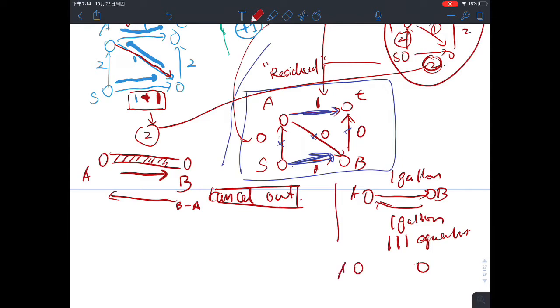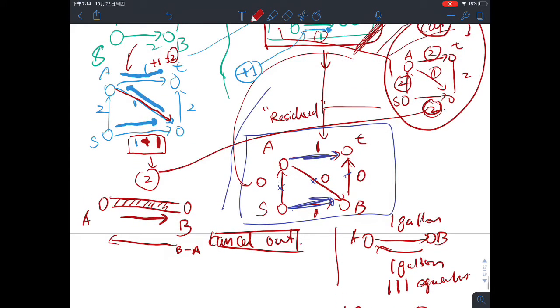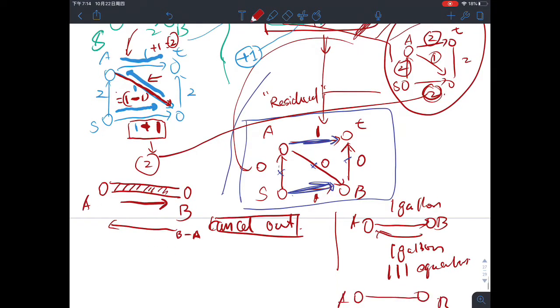So after I add this unit, it equals 1 minus 1 along this path. Let's see whether that's really doable.